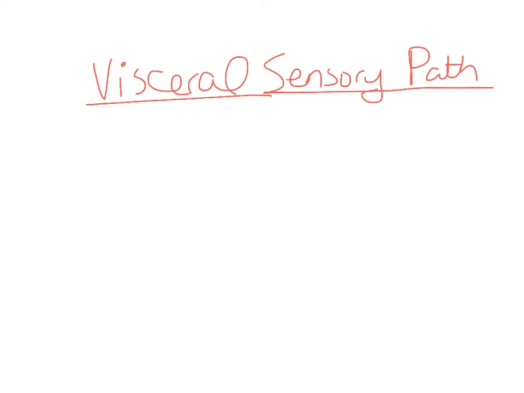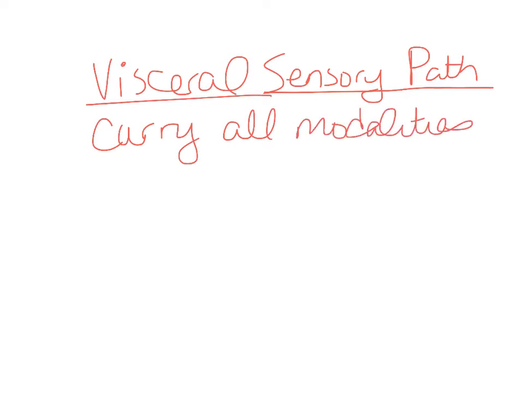I mean, they are going to be able to detect anything, right? And those visceral interoceptors can go in through the cranial nerves or through the spinal nerves. So they're carrying everything. They carry all modalities.